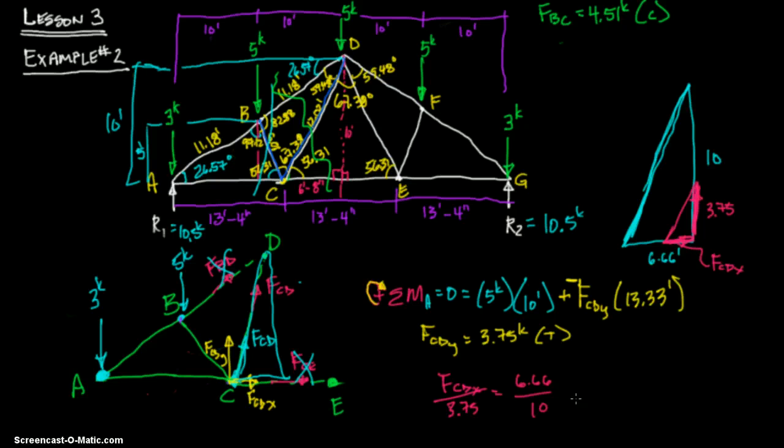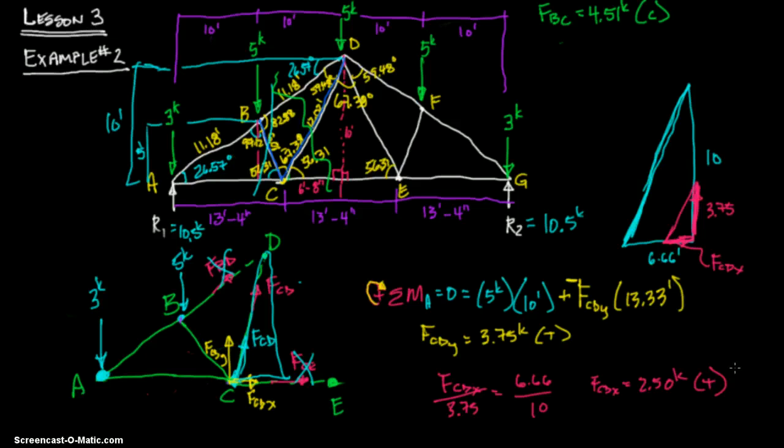If we do 6.6666 divided by 10 times 3.75, we get 2.50. FCDX equals 2.50 kips, and that's going to be tension since it's positive.